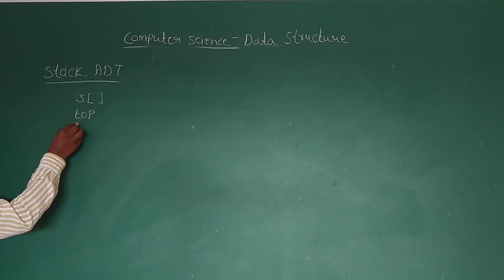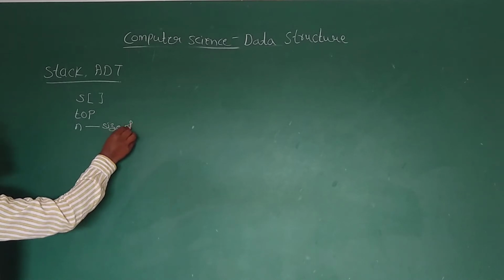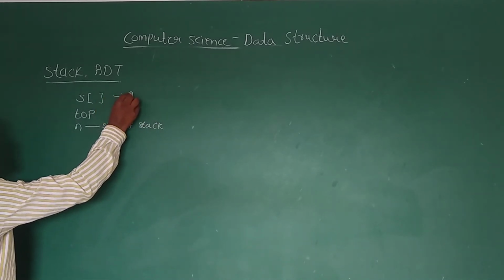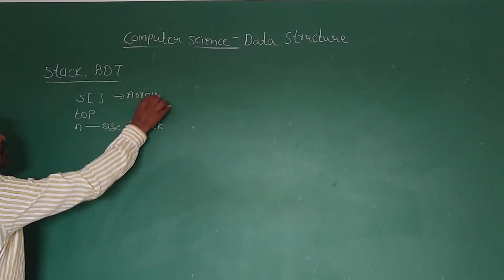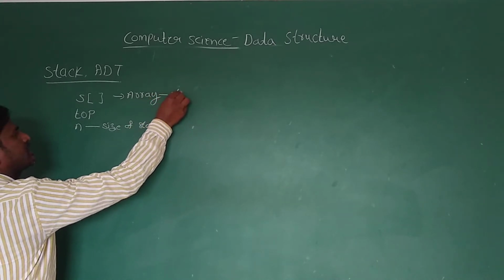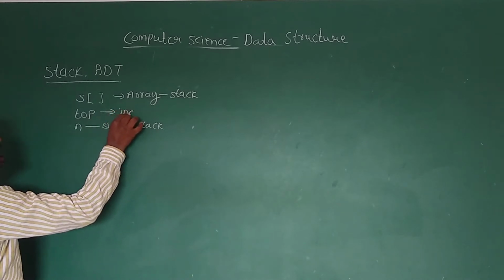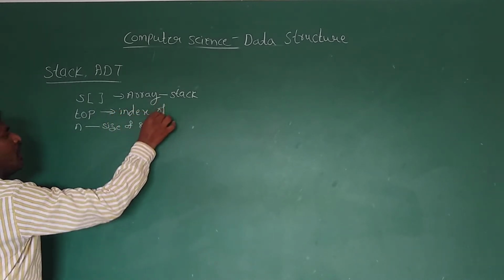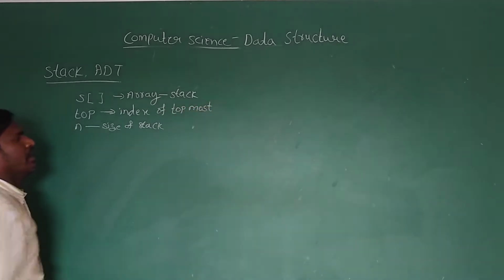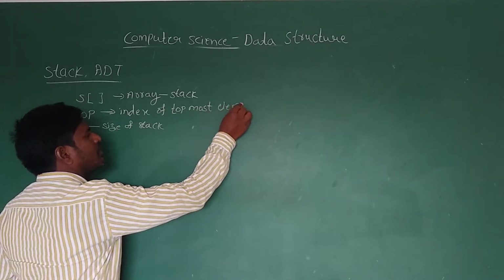Another one is N, the size of the array, the size of the stack. S is an array that can represent a stack. Top is the index of the topmost element in the stack.